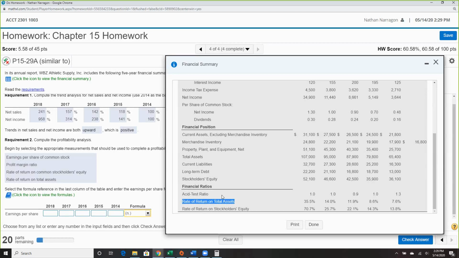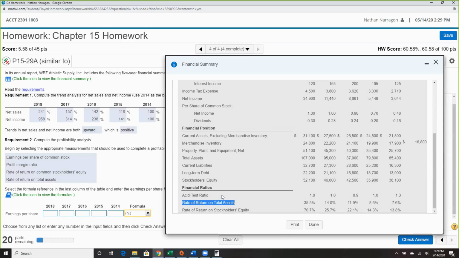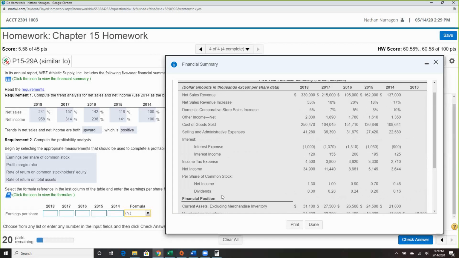Okay. Financial position. I am looking for per share of common stock. This one really messes with the formulas a little bit.